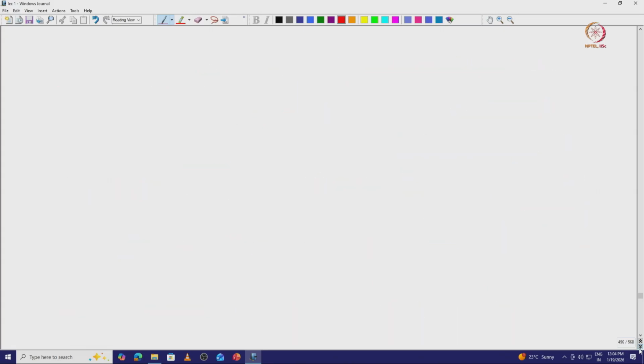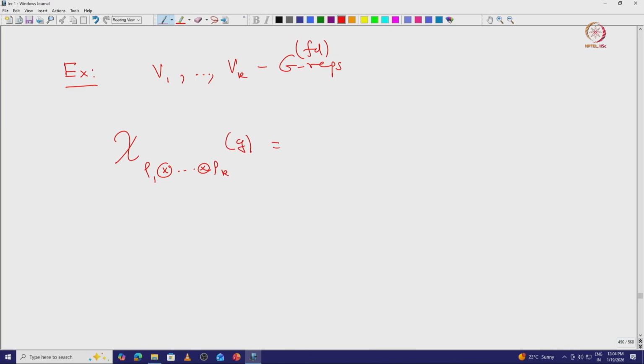Now, what about the characters? The character of tensor products is easy to compute. Let us say, as before, we have V_1 through V_k, which are all finite dimensional G representations. If you are interested in computing the character, recall that the character of rho_1 tensor ... tensor rho_k at g is going to be the trace of rho_1(g) tensor ... tensor rho_k(g).